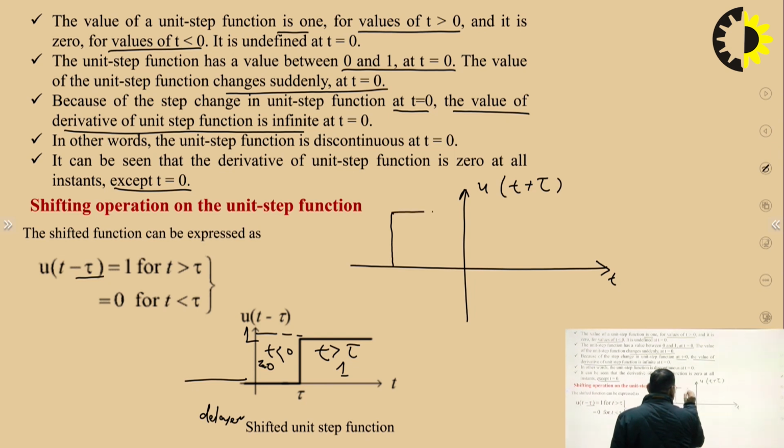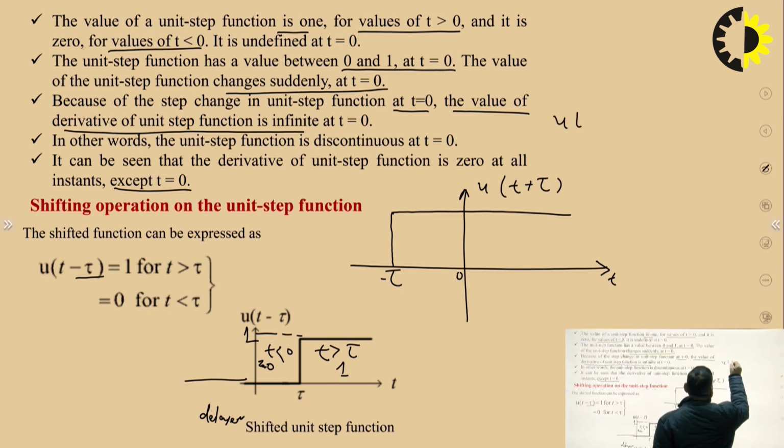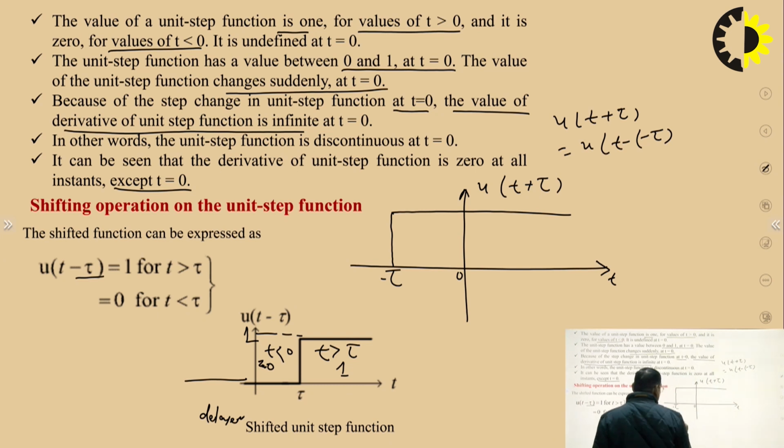It will start from minus tau. So basically u(t plus tau) is nothing but u(t minus tau) shifted the other way, and it is called advanced.